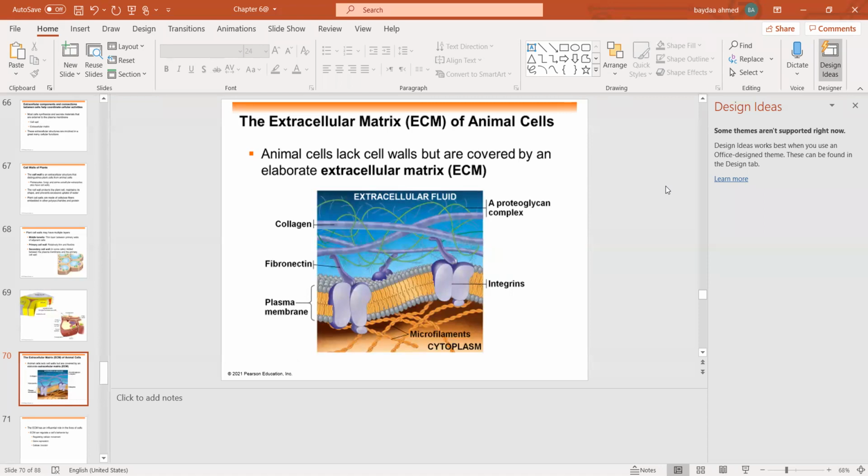The most abundant glycoprotein in the extracellular matrix of most animal cells is collagen. Collagen fibers are embedded in a network woven out of proteoglycans secreted by cells.